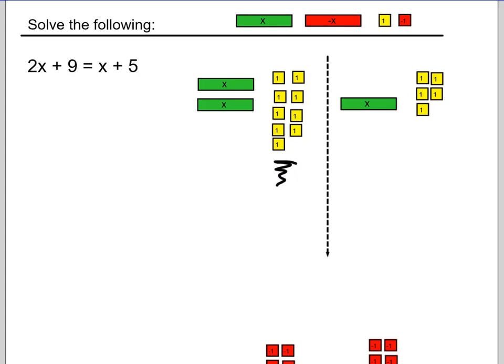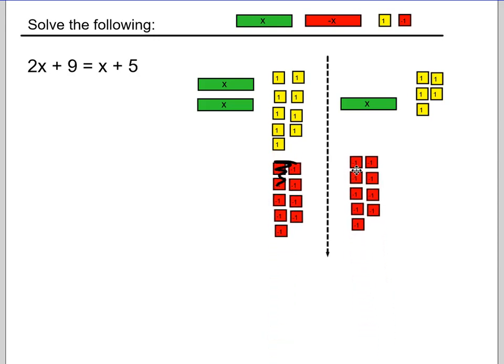To get rid of those, I need to introduce 9 negatives to both sides. And what that looks like algebraically over here is I would have to subtract 9 from both sides. Okay, so that turns into 2x equals x minus 4.